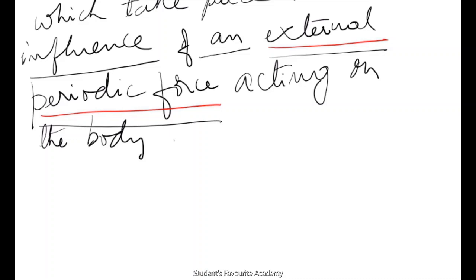The frequency of natural vibrations remains constant, whereas the frequency of forced vibration is equal to the frequency of the applied force. The amplitude of vibration remains constant in natural vibration. The amplitude of forced vibration depends upon the frequency of the applied force.